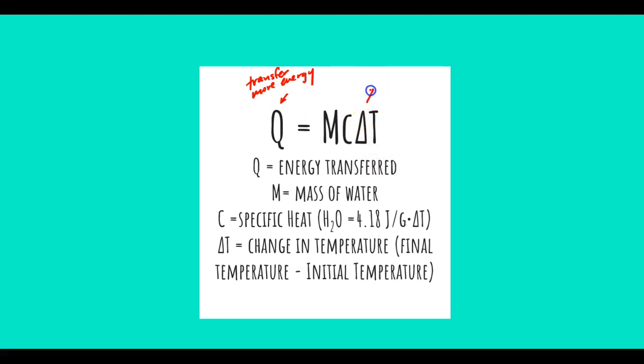Well, it increases the temperature. You find a greater increase in temperature. And so that is also a direct relationship. More energy, greater increase in temperature. And again, that is why these two variables are on opposite sides of the equation.